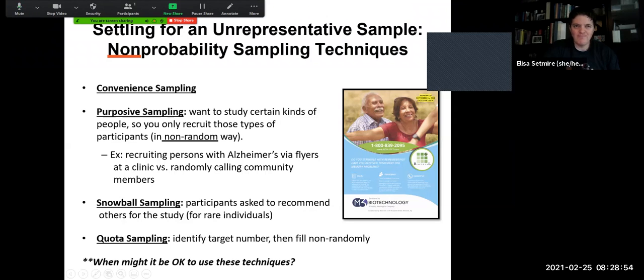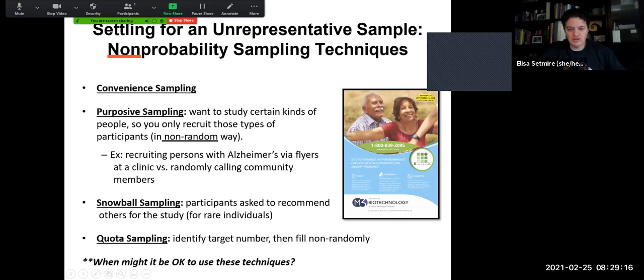You're purposefully calling people to try and get them to come in. So if you have a flyer trying to recruit participants of a certain group, that's purposive sampling. It's very purposeful, trying to gather that certain population.